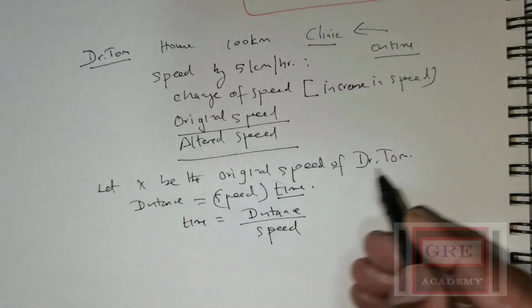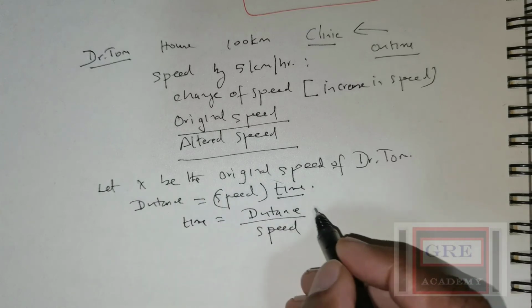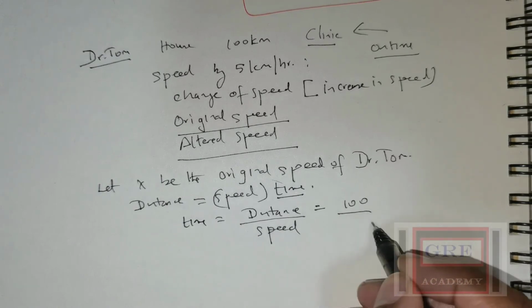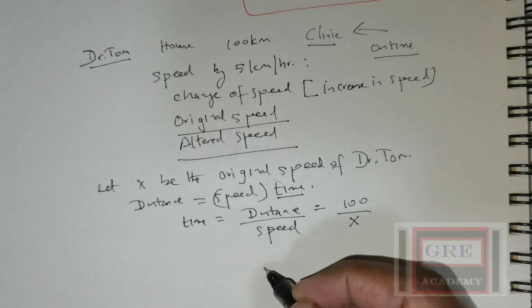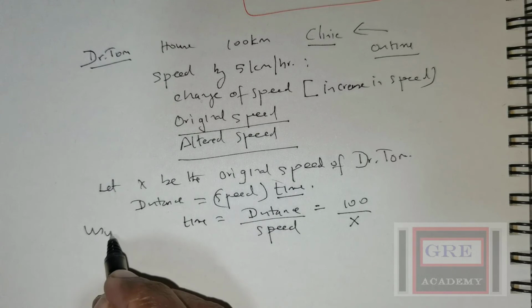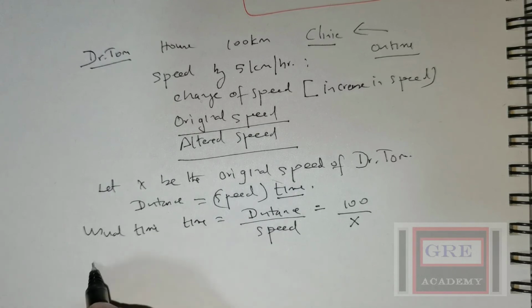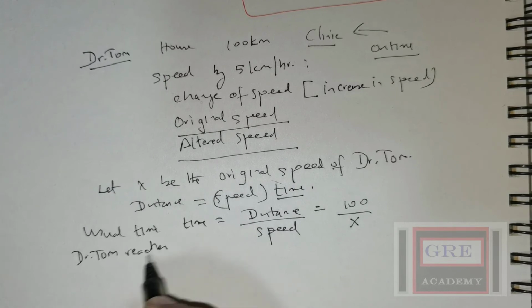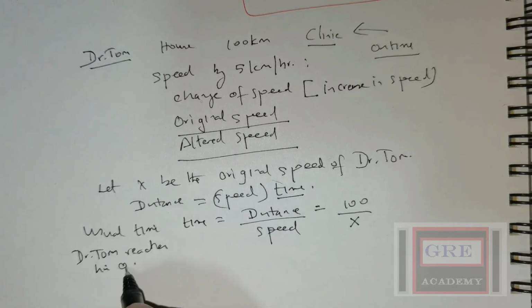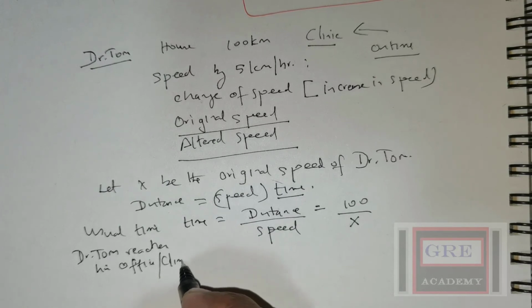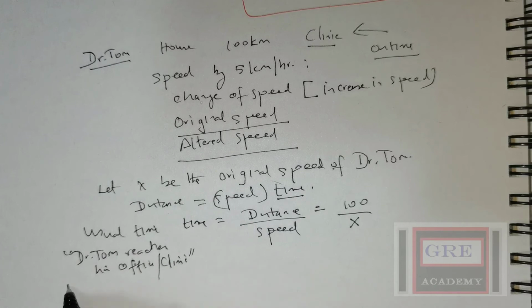Since I've taken x to be the original speed, this is going to be rewritten as distance, which is 100, divided by x. So this is the usual time Dr. Tom reaches his clinic or office, so you can name it whatever you want. Usual time.